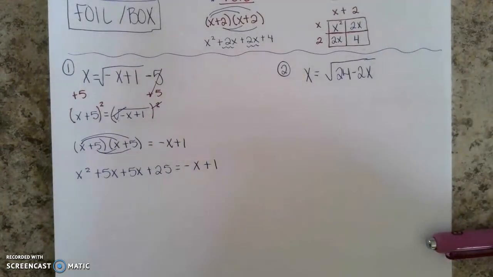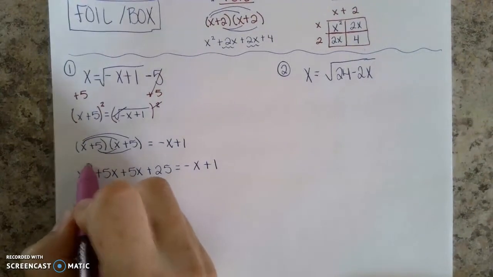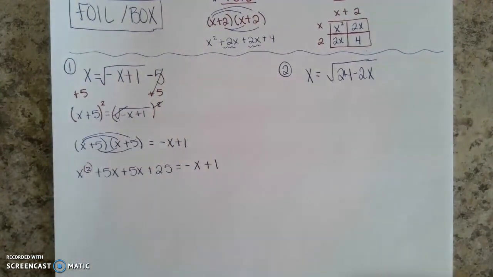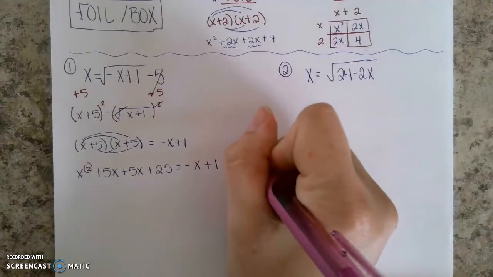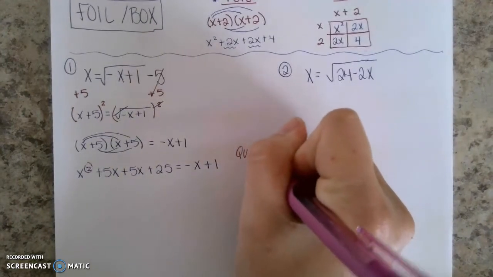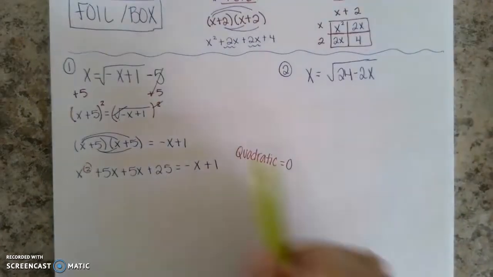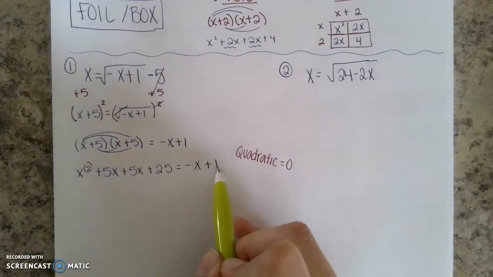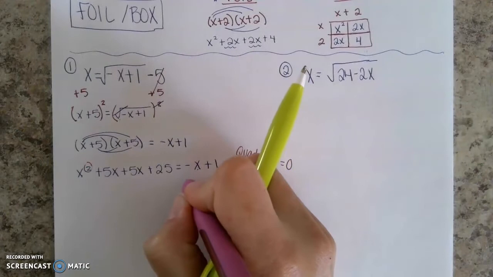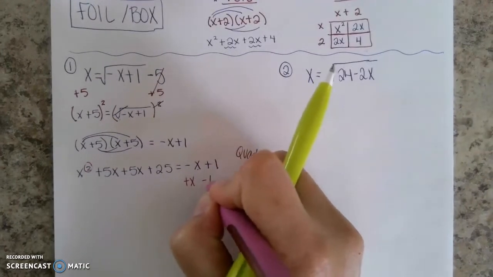Now, hopefully you're recognizing this x squared here is telling you that we have a quadratic, and we want our quadratic set equal to 0. Okay, so I need to move my negative x and my plus 1 over to the other side by doing the opposite.